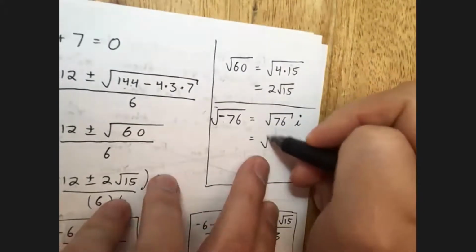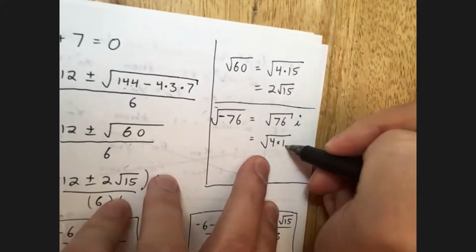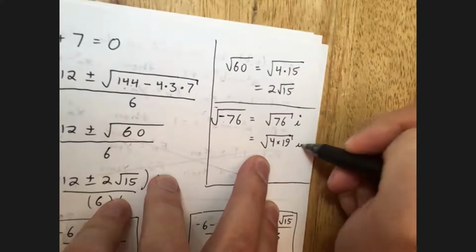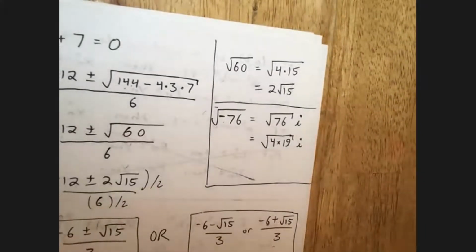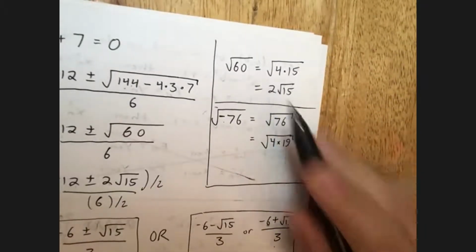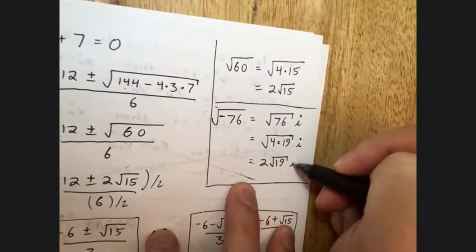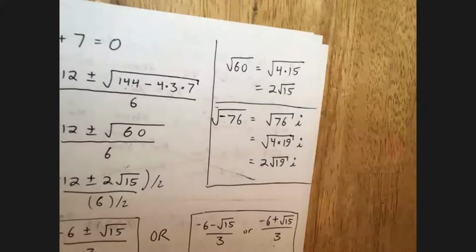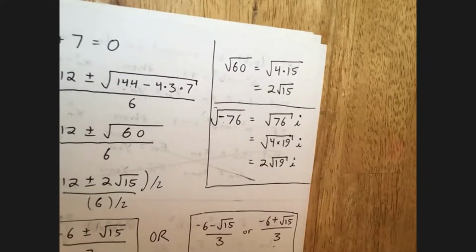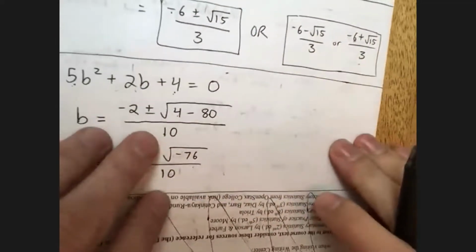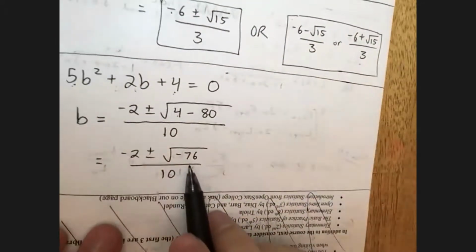So I can write this as 4 times 19 under the square root. And the square root of 4, just like we did up here, is 2. So it's 2 root 19i. That's what root negative 76 is. All right? 2 root 19i. So that is what we're going to put in place of here.